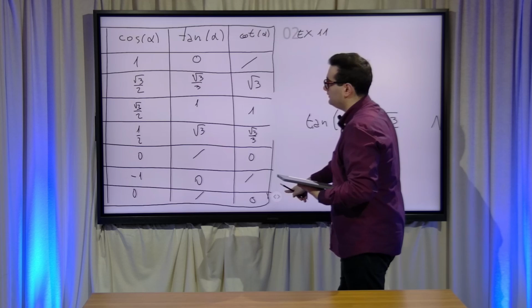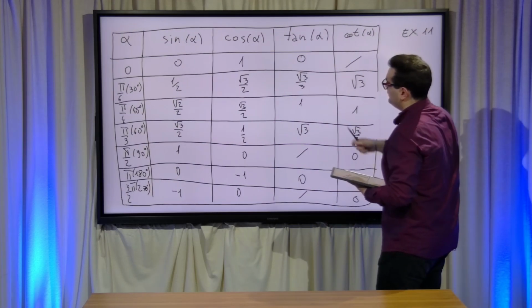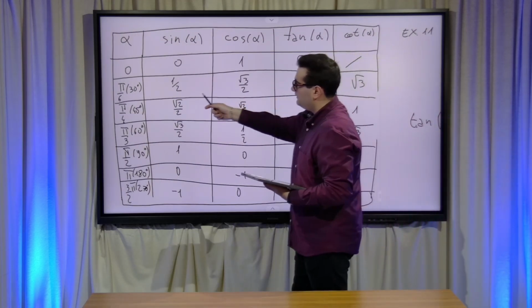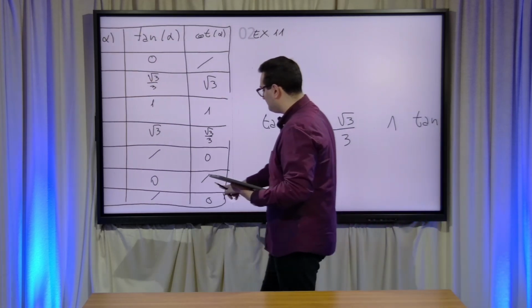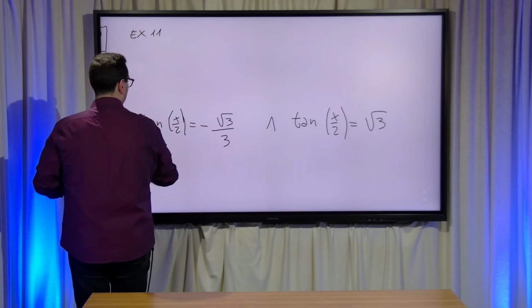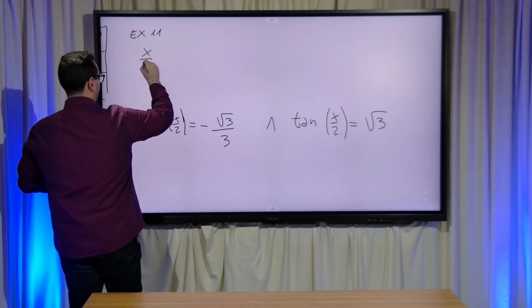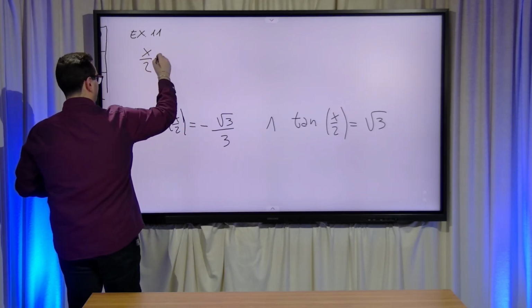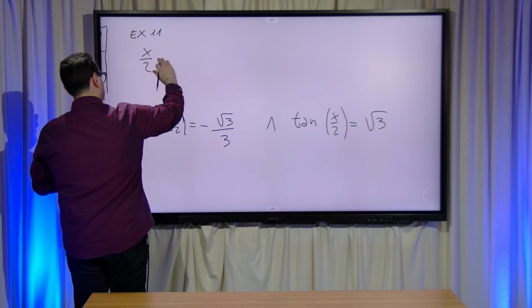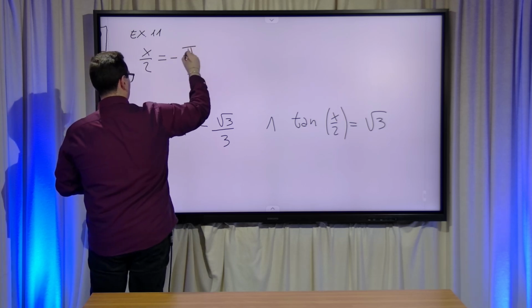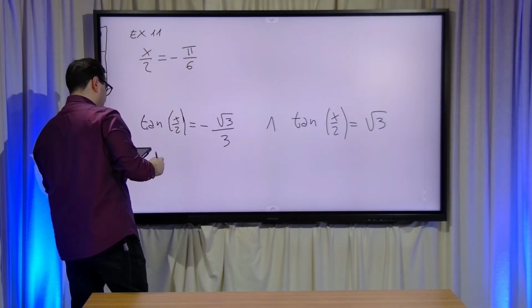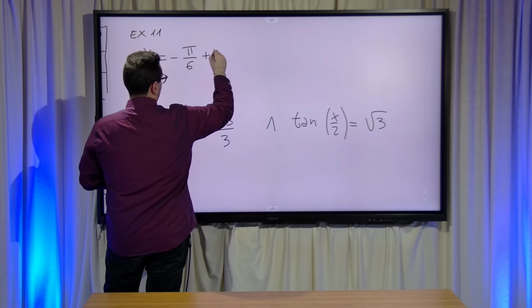Square root of 3 over 3, the tangent is equal to pi over 6. So I can write that x over 2 is equal to, I have the minus sign and the multiplicity.